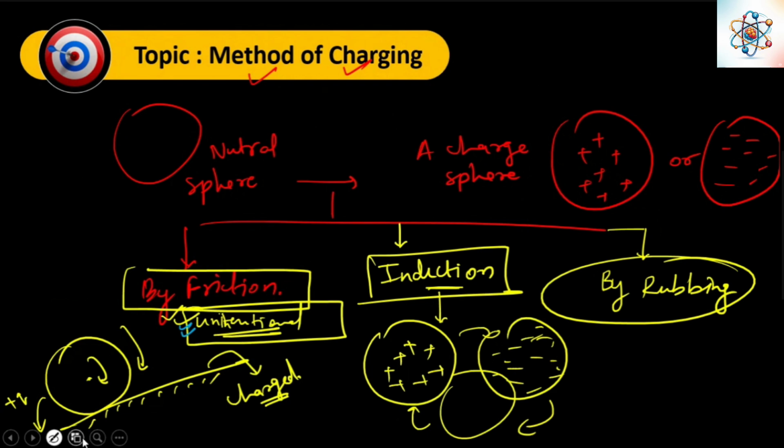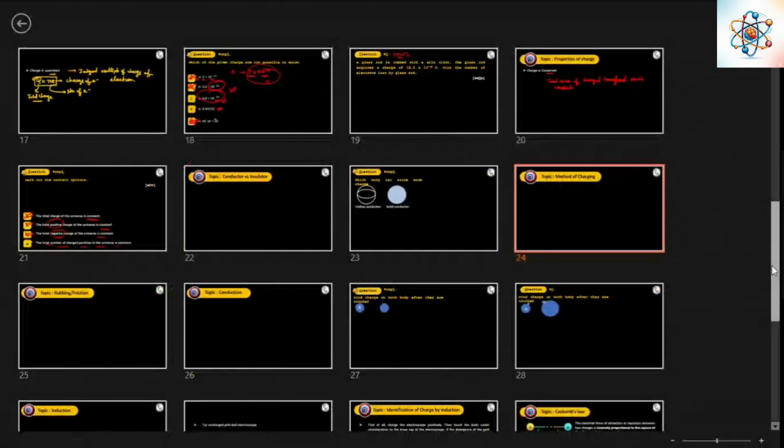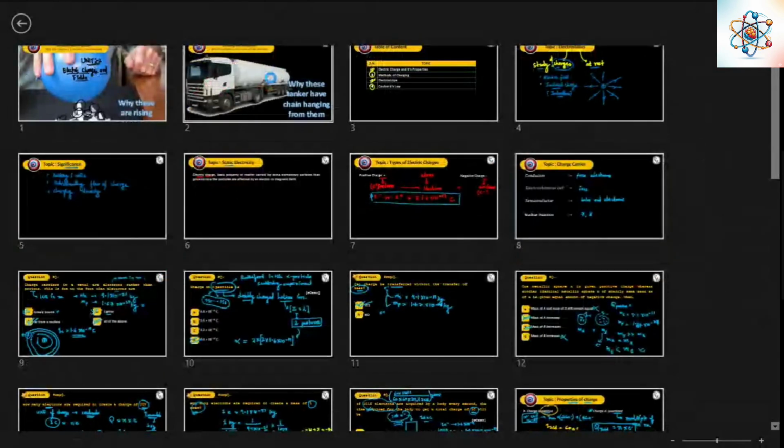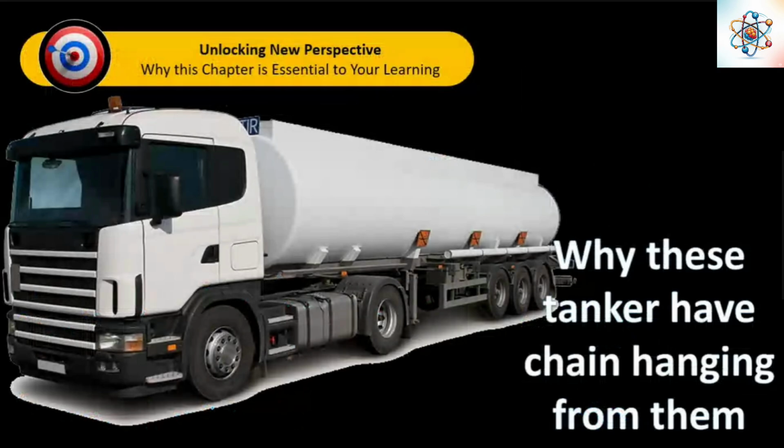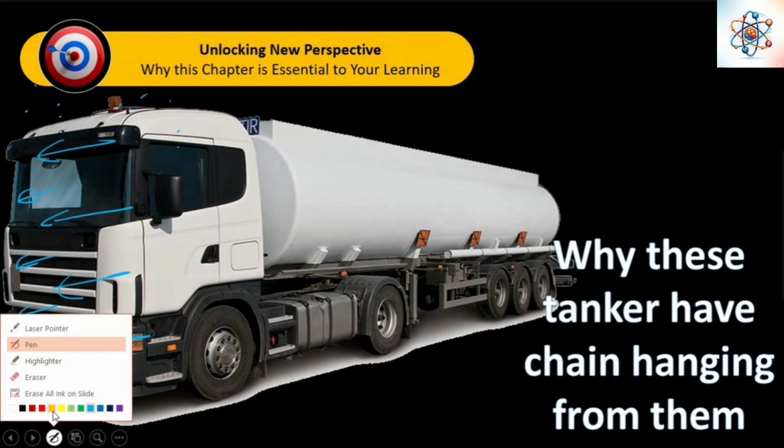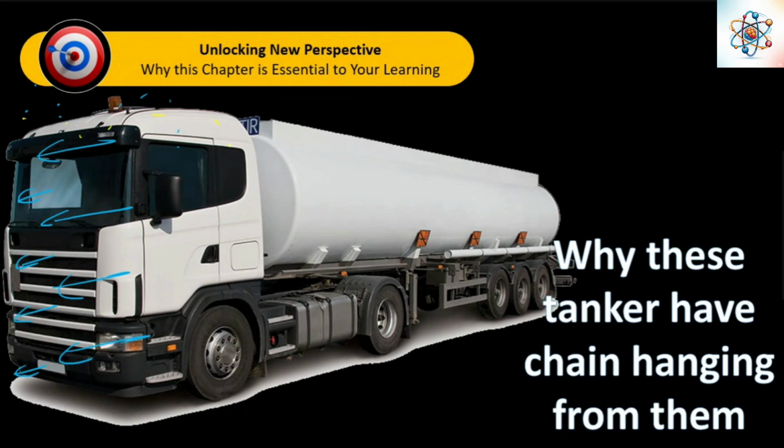Like in the very first, we can say the second page of this, it raised this question that why the tankers have chains hanging from them. Because whenever this truck is moving in the forward direction, there are a lot of air molecules and water vapors present in the air. And these particles are nothing but a source of negative charge.